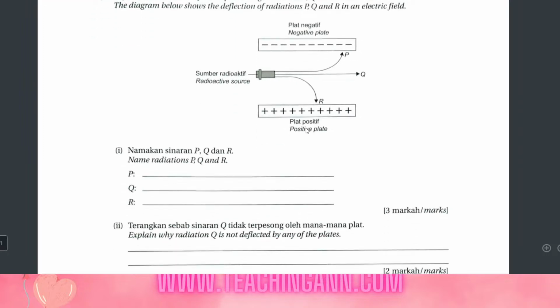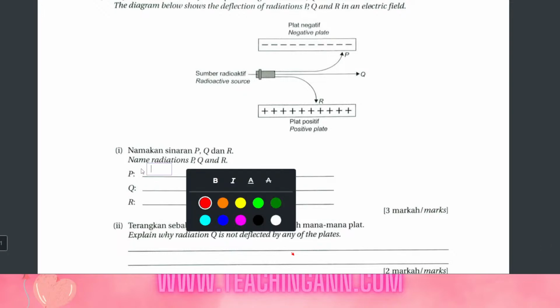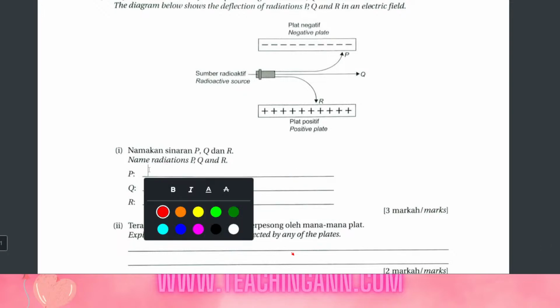Okay, number 4A. This one, waiter. P is what particle? R is beta particle.